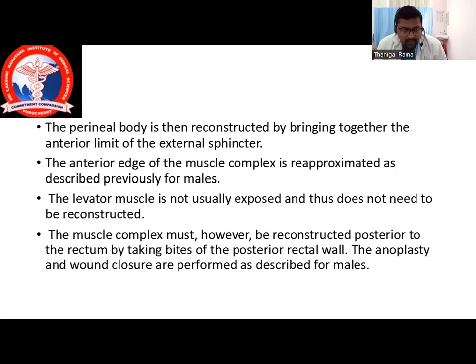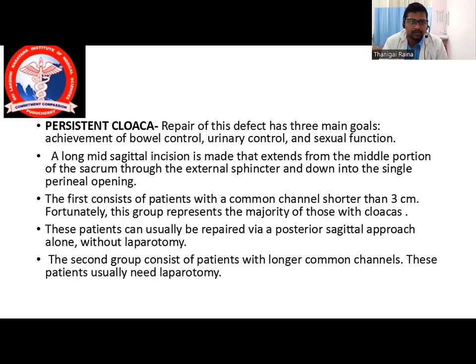In females, the levator muscle is not usually exposed and thus does not need to be reconstructed. The muscle complex must, however, be reconstructed posterior to the rectum by taking bites of the posterior rectal wall. The anoplasty and wound closure are performed as described for males.